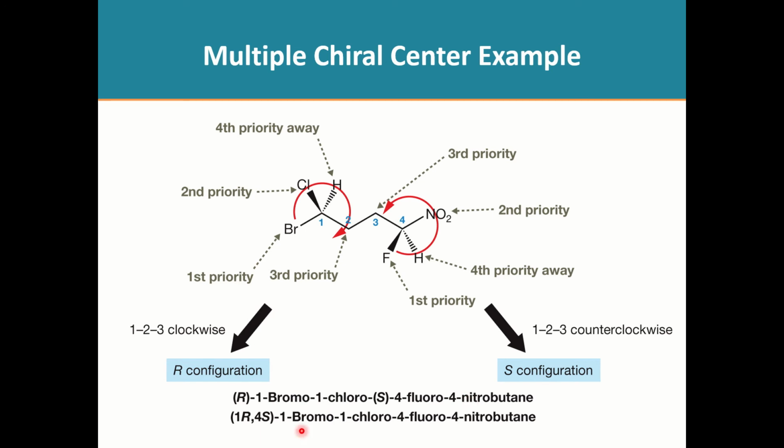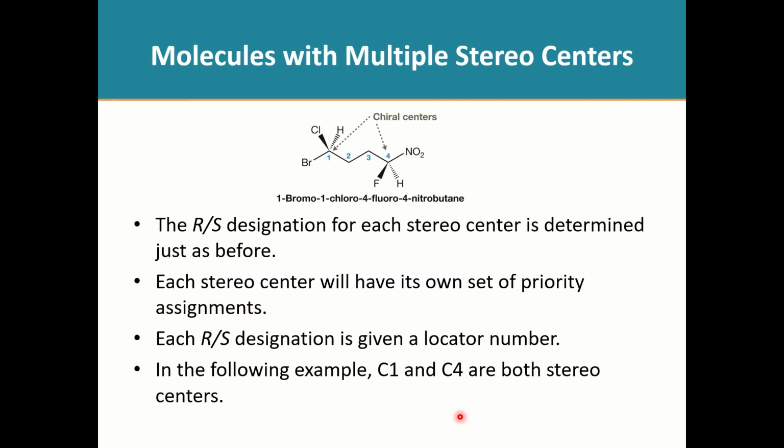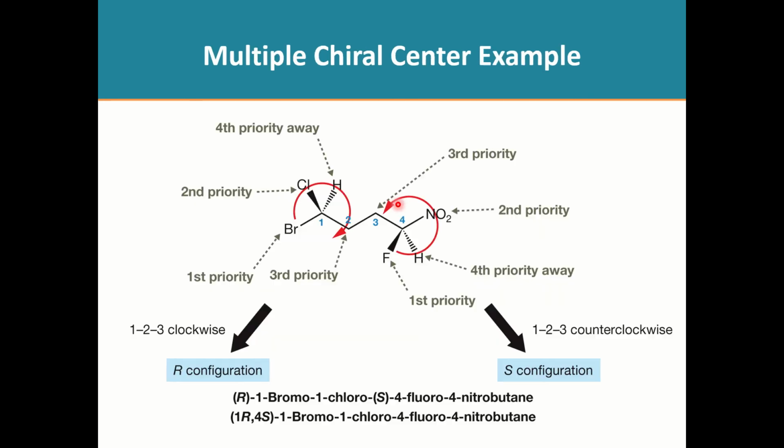I prefer the bottom way. That way I just keep the name the same as here. So you just keep the name the same. And then to the left, you just specify what carbon is the stereocenter at.